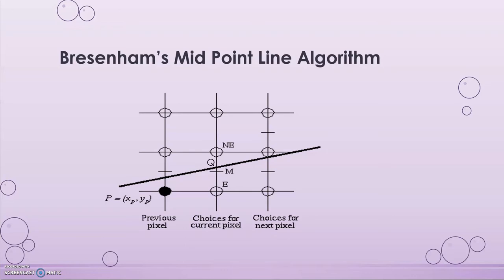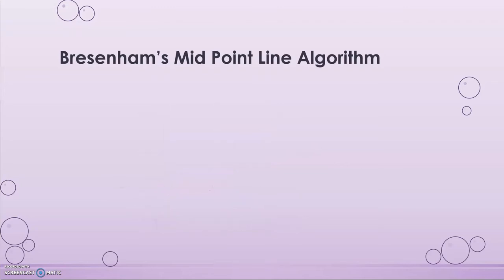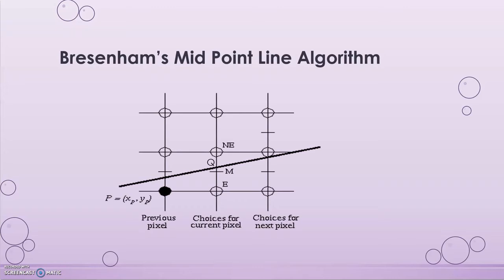Now let Q be the intersection point of the scan converted line with the grid line x is equal to xp plus 1. So I have marked a Q here.